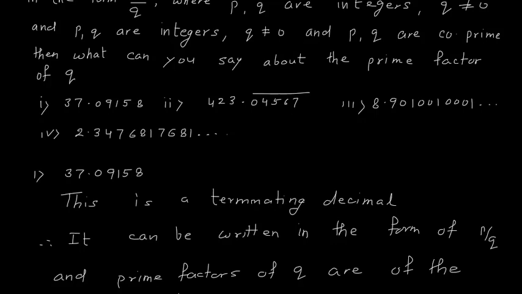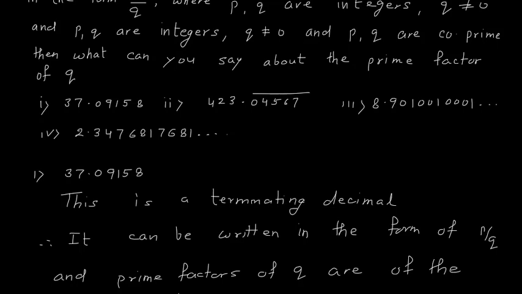Now fourth question, 2.34768176881. So 7681, 7681, then 7681.